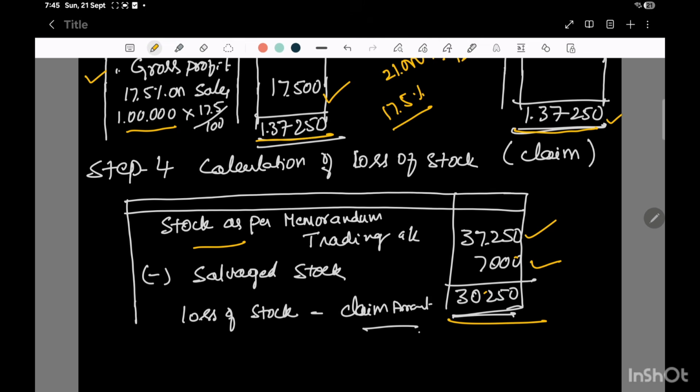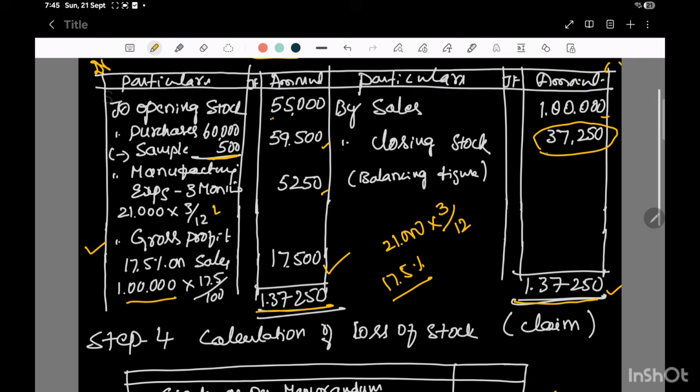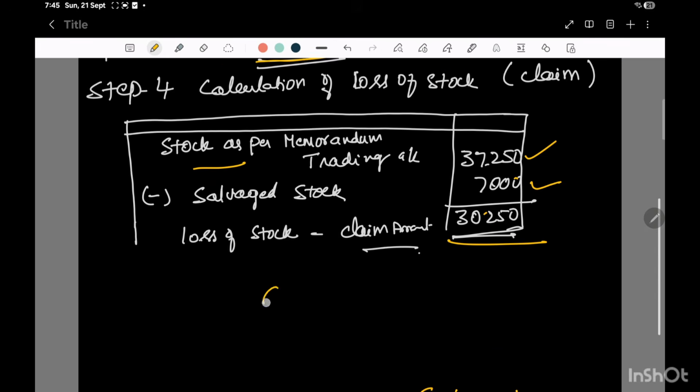Sometimes the insurance will be taken for less than the value of the stock you have in the godown. Then you have to apply the average clause. That's an equation that is to be applied to reduce the claim amount proportionately to the value of closing stock in the godown.